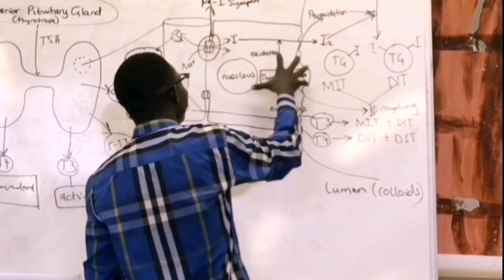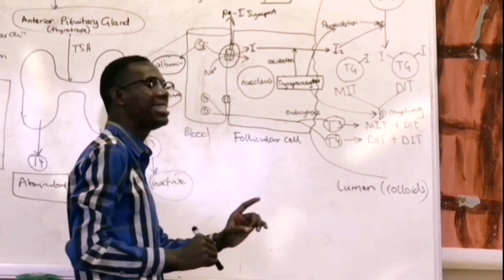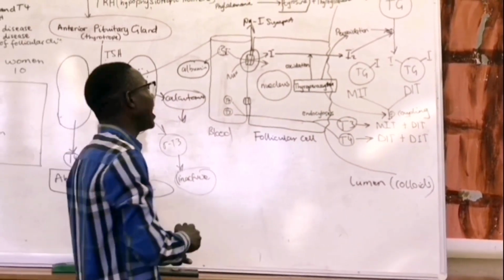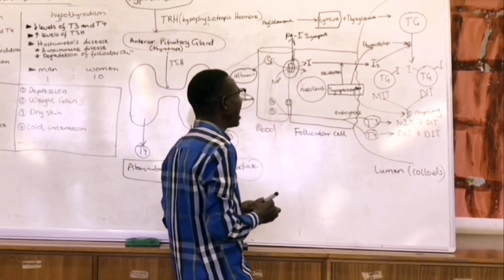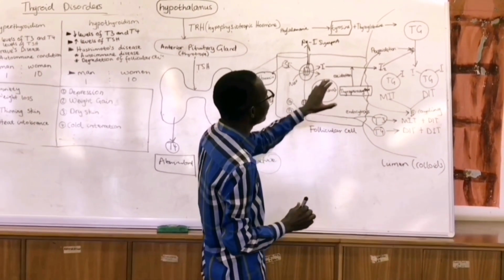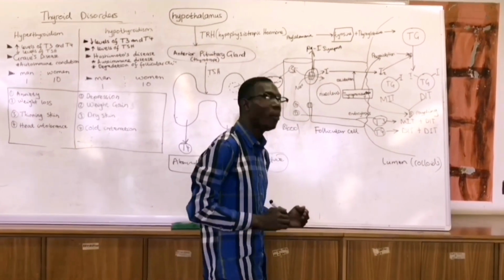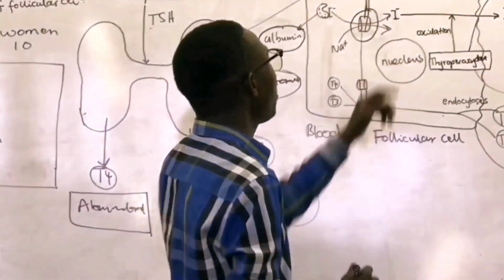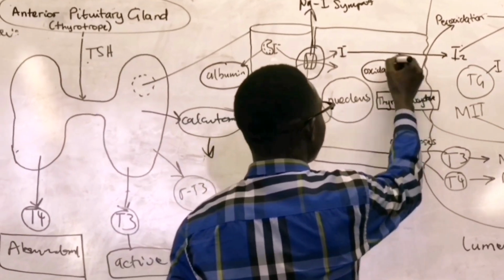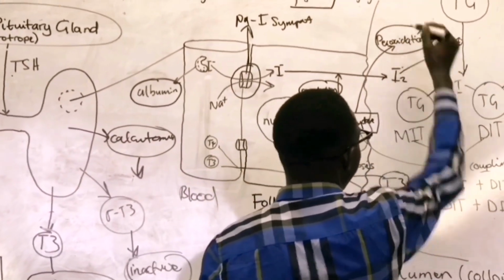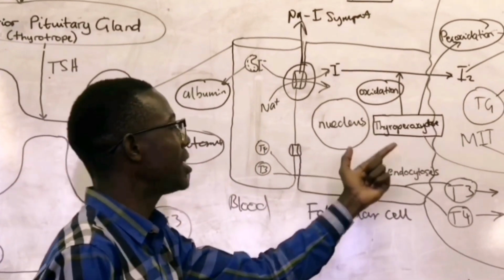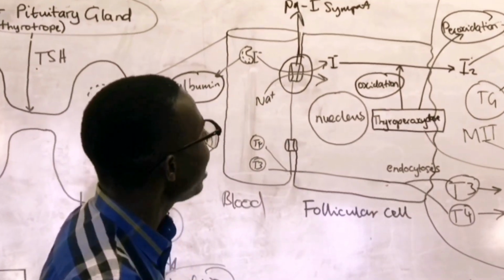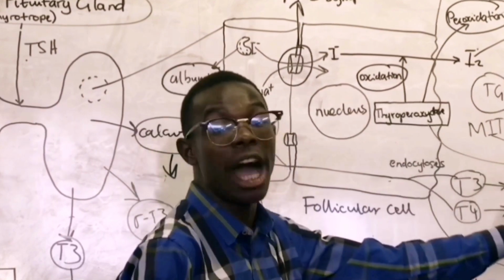So when inside the follicular cell, we have an important enzyme called thyroperoxidase. This is an important enzyme because it facilitates 3 important processes: oxidation, peroxidation, and coupling. So you just have to note that. Thyroperoxidase stimulates oxidation, peroxidation, and coupling.